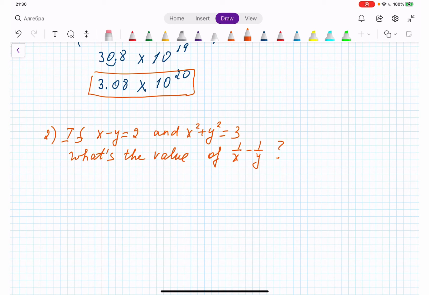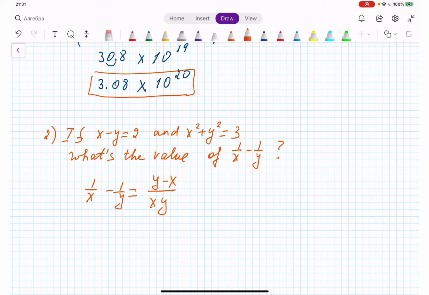In cases like this, we have to start from the back, from the question. So first we take 1 over x minus 1 over y and bring it to a common denominator. It's going to be xy, and here we have y minus x.